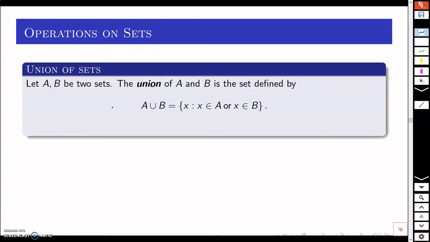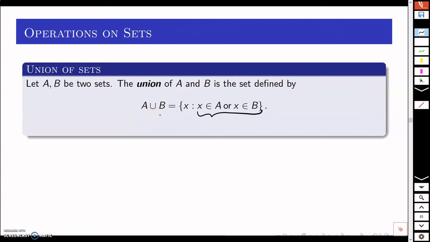Then the union of A and B is defined as the set of all the elements which are there either in A or in B, and it is denoted by A union B. This notation is for union, and A union B is the collection of all those elements which are either in A or B. Now when I say either in A or B, what does it mean? It should be in at least one of A and B. It can be in both also. So all such elements will be coming in the union of these two sets A and B.